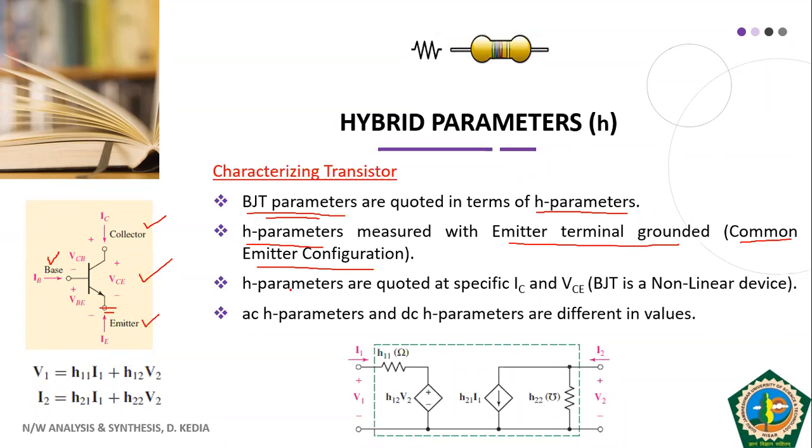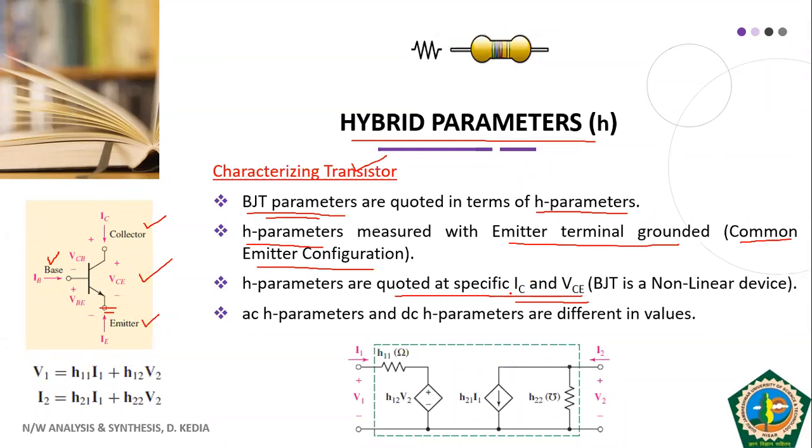If you do not change current and voltage, but your temperature changes, your current and voltage values will also change. So it is very important to note that if you want to apply H parameters to transistors, these H parameters must be quoted at a specific value of collector current and collector emitter voltage.